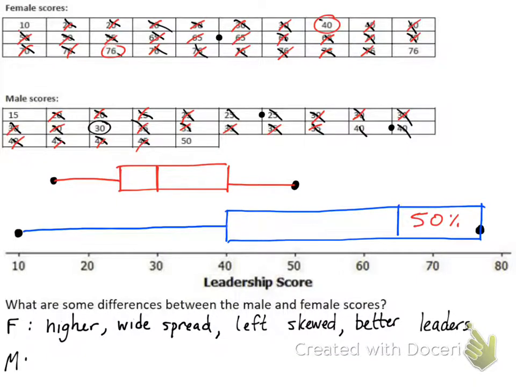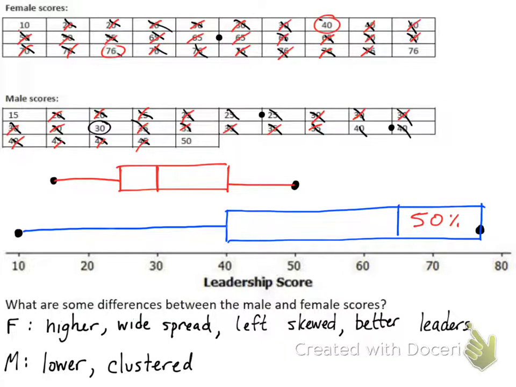With the males, overall the tests were a little bit lower. None of them had a score that was considered advanced, which is bigger than a 60. It's more, I'm going to say, clustered, because you have kind of a bunched together box and whisker plot.